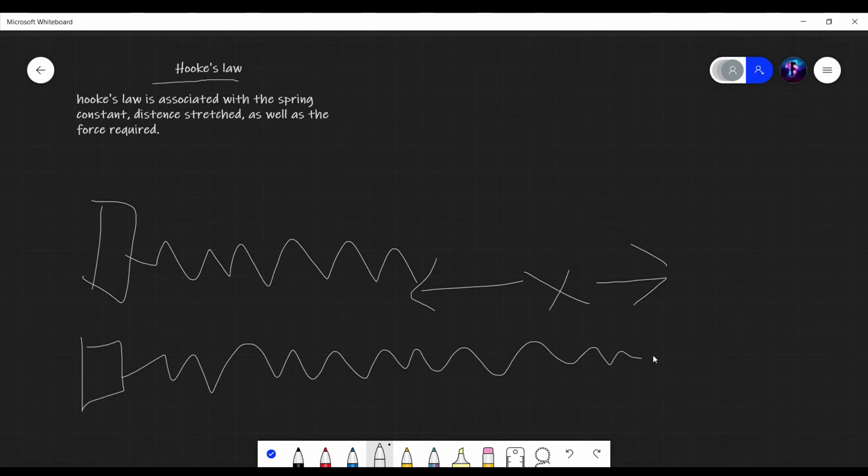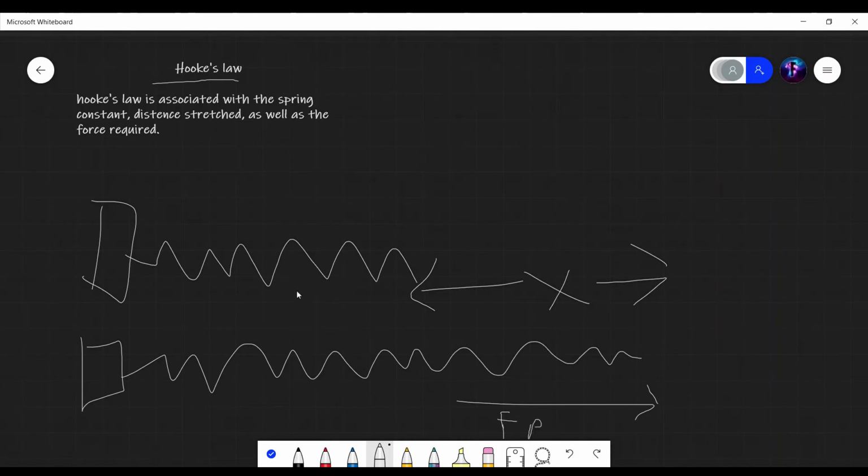And what happens if you stretch it? You're stretching the same spring right here. What forces will be acted upon this? Well, you can say that since you're pulling it, the force right here is called FP.